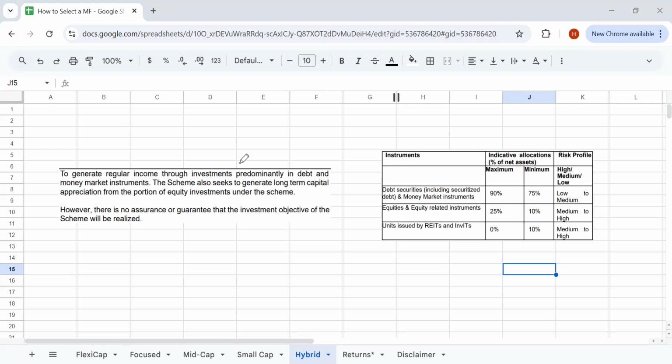But again, these returns will be slightly higher than what you earn in a fixed deposit, most likely. But there is a possibility that in the short run, like less than 1 year or 2 years, because equities can move in whichever way possible, the return may be slightly lower compared to the fixed deposit.